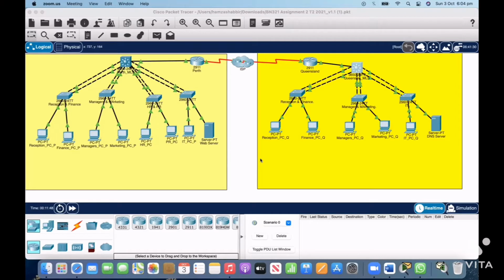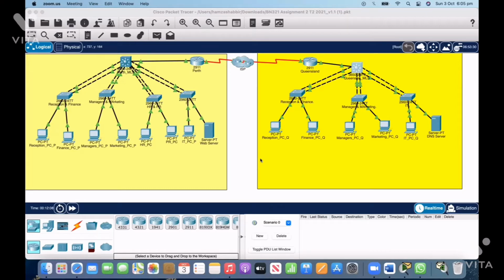This network diagram has a hierarchical three-layer model where we have placed the router at the top, then multilayer switching having gigabit interfaces, and then access layer switches. We have used one multilayer switch at each side with gigabit interfaces to provide high bandwidth.